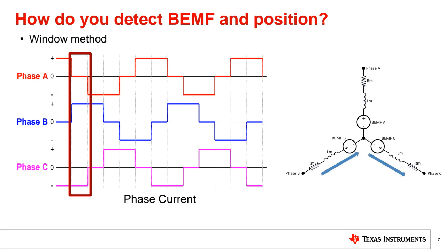This is called the window method. We need to detect phase A, phase B, phase C current level. For example, when the motor is in this commutation step, the voltage on phase A can be read with an ADC.